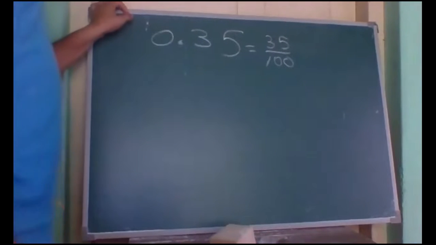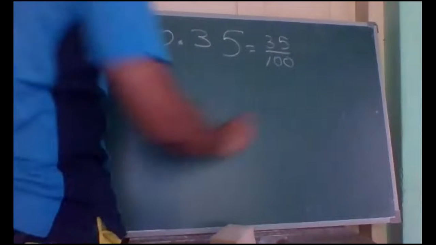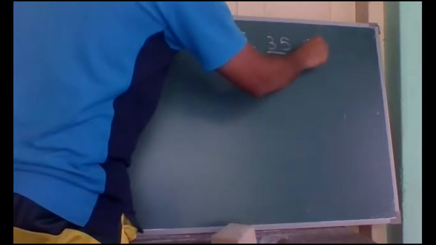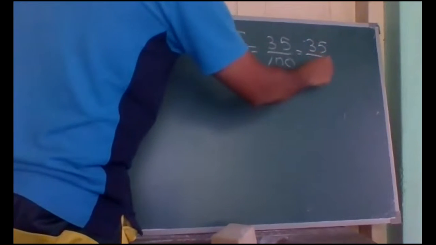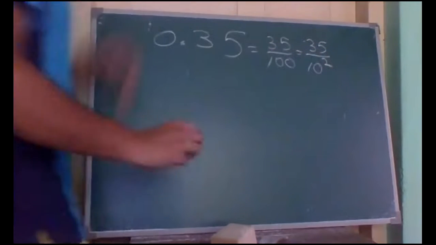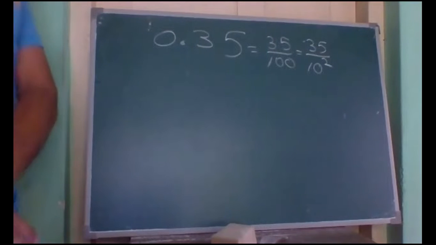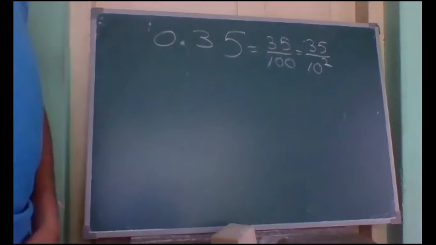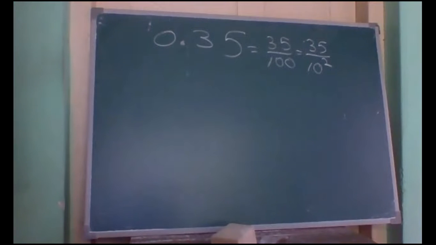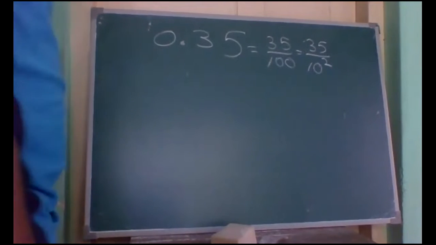That means 35 over 100, which is 35 divided by 10 to the power 2. Right? Same method and same thing.